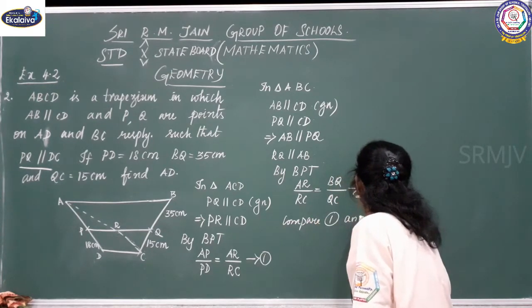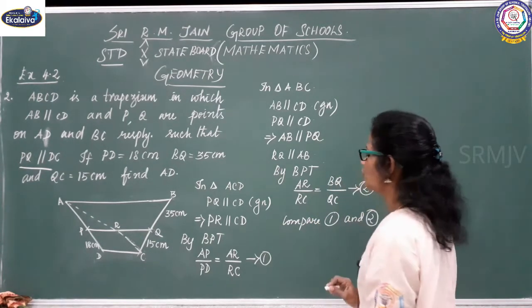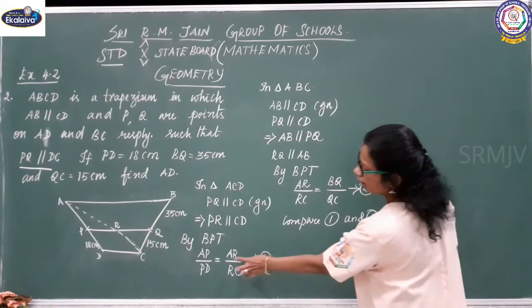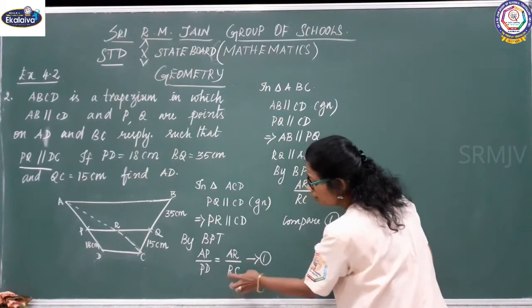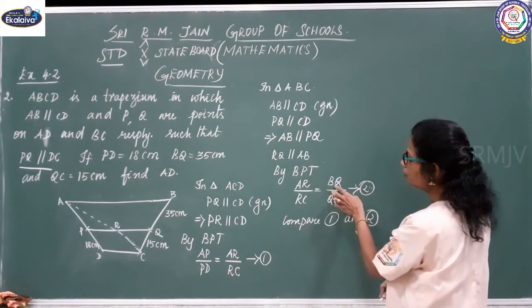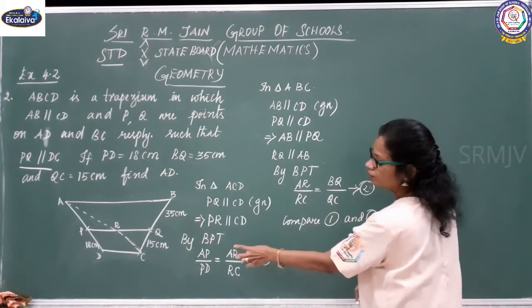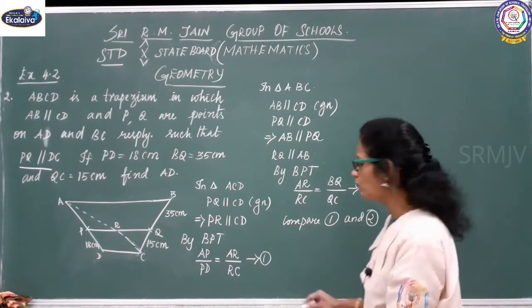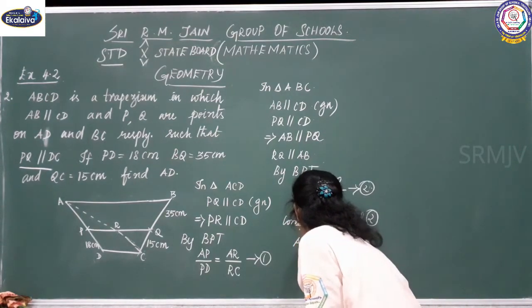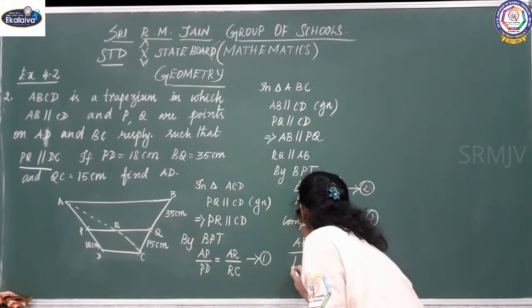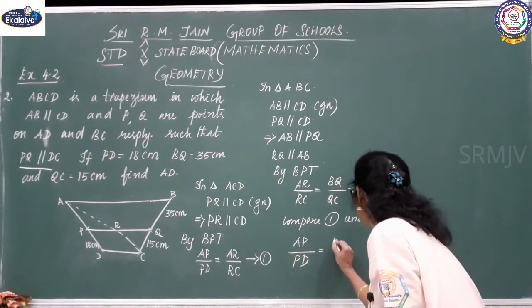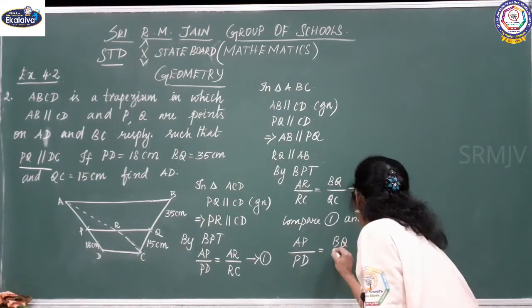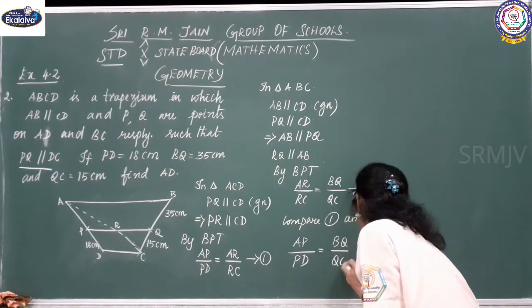AR by RC equals AP by PD, and AR by RC equals BQ by QC. What is your result? AP divided by PD equals BQ divided by QC.